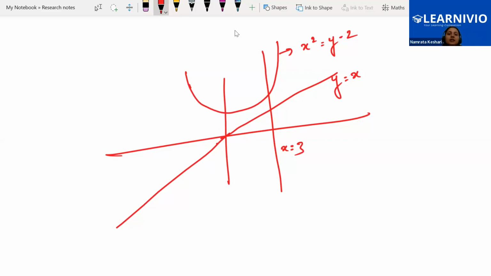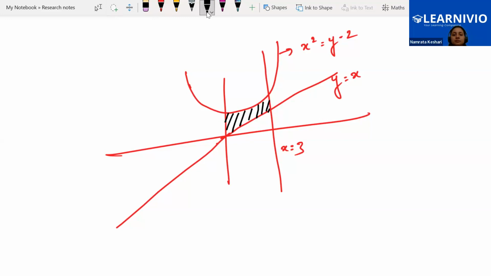That area we are finding, bounded by all the curves and maybe the coordinate axis also. Can you tell me the area bounded by all the curves? Just below the parabola. Exactly, we will be focusing on this area only. Can you see it? This is the area bounded by all the curves.